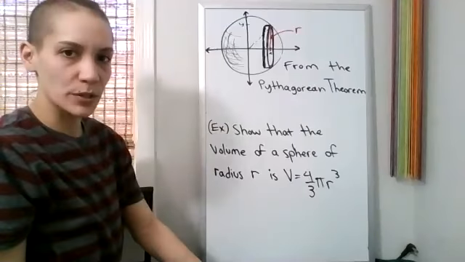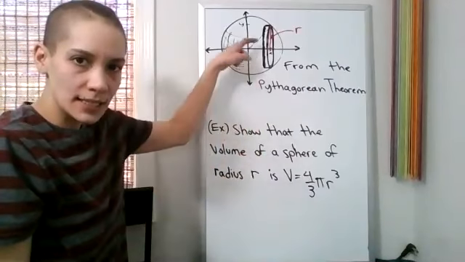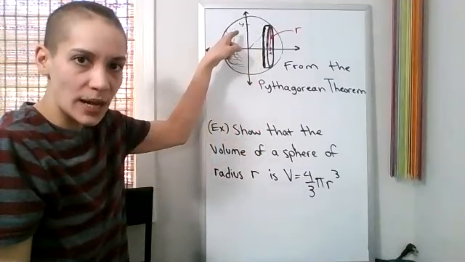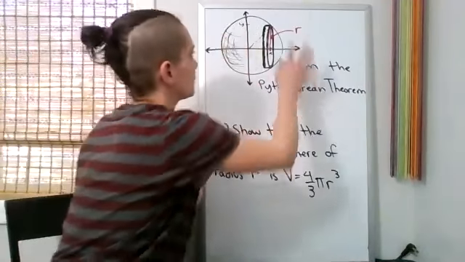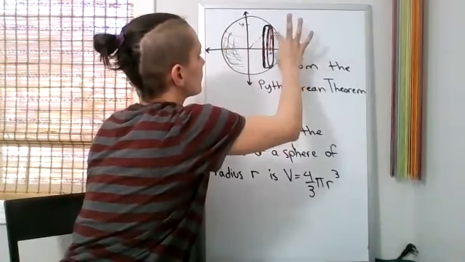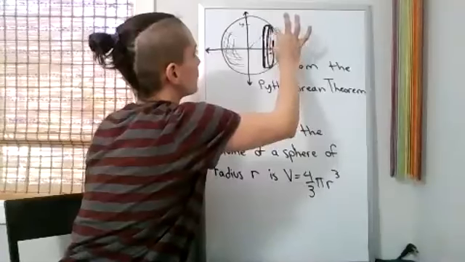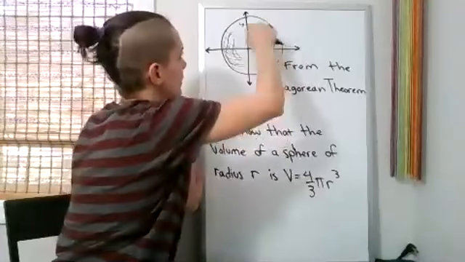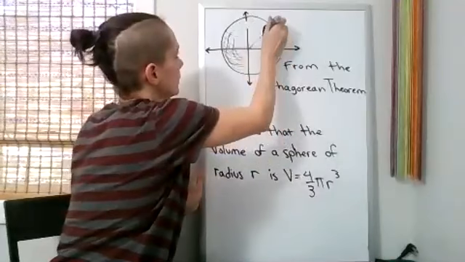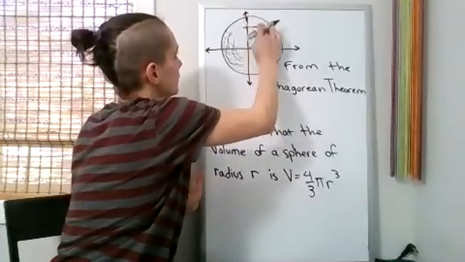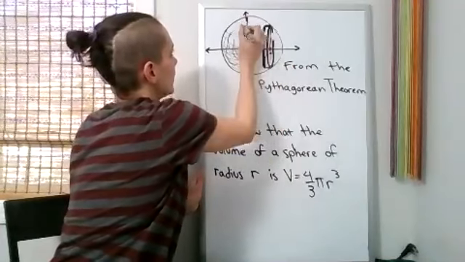Oh, I'm sorry, I've labeled this wrong. So what this is, that height there, that's y right there. So this comes up to here and over to y.